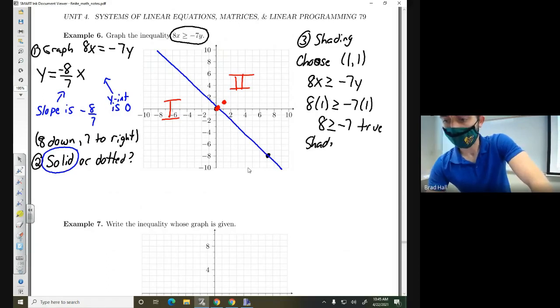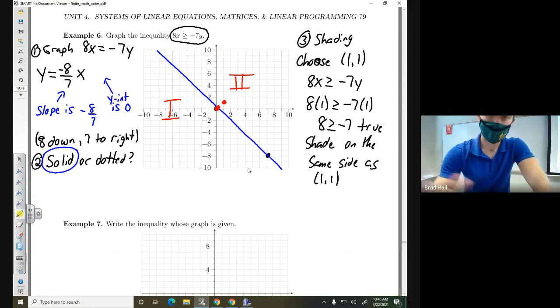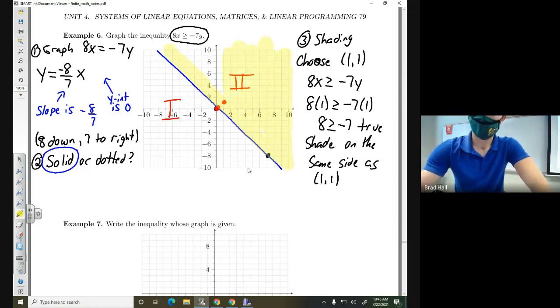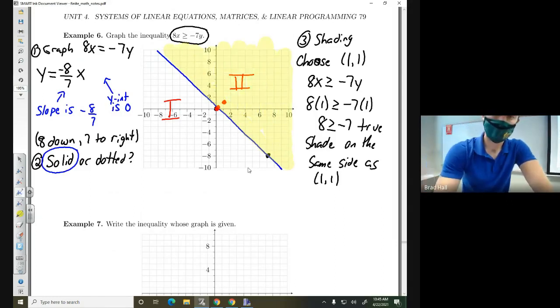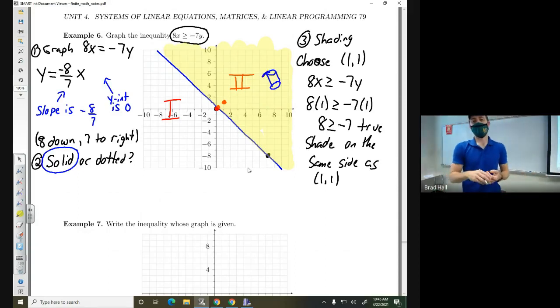So shade on the same side as (1, 1). (1, 1) is over here. Let's give this one more attempt. So that's what we would conclude with for this problem.